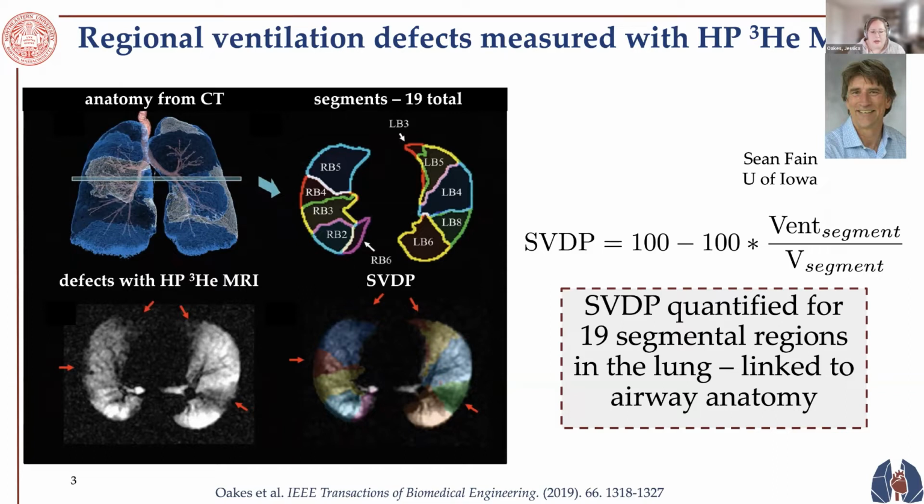The CT data we use to generate the models, and the MRI data we utilize to look at the ventilation defects. The larger the ventilation defects, the larger the number that we're given. These ventilation defects can be prescribed for various regions of the lung, and that's what we call SVDP. It's basically a percentage of the volume that has a defect.